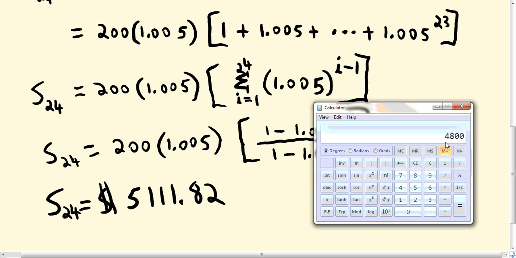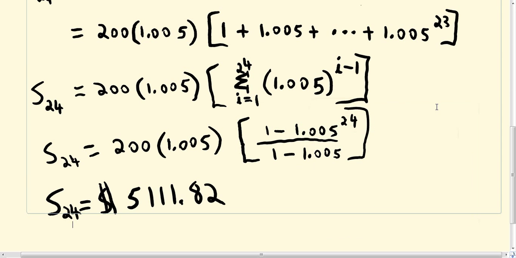So the difference between $4,800 and $5,111.82, that difference is the amount of interest that we have earned by putting it into an account that bears 6% interest monthly. So that is an annuity problem.